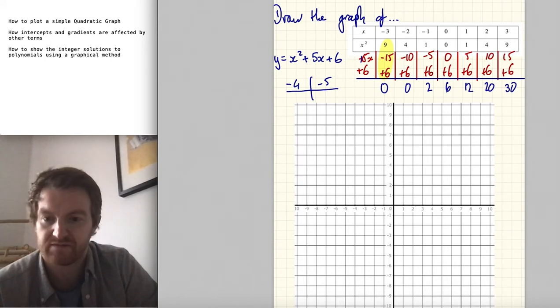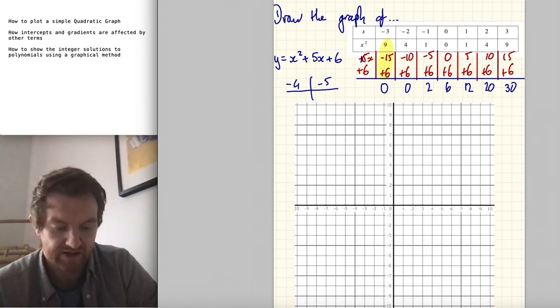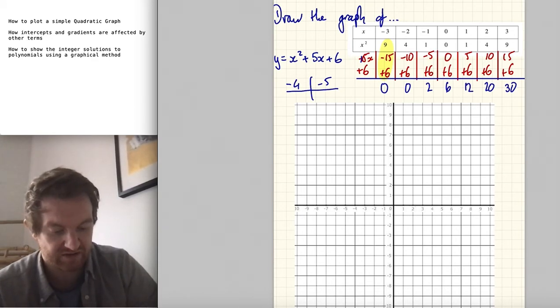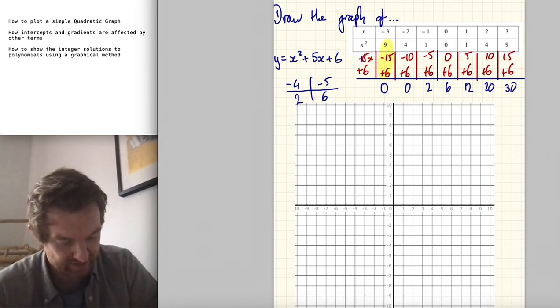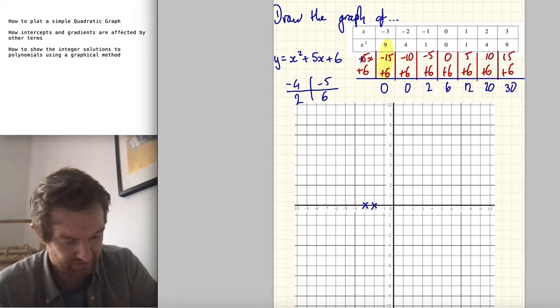Negative 5 squared is 25, plus 5x would be minus 25, so that would give you 0, plus 6 would be 6, and this one here would be 2, so we get our values of negative 3, 0, negative 2, 0, we've got a 2, a 6, and obviously the next one will be a 12, and then it's mirrored on the other side.